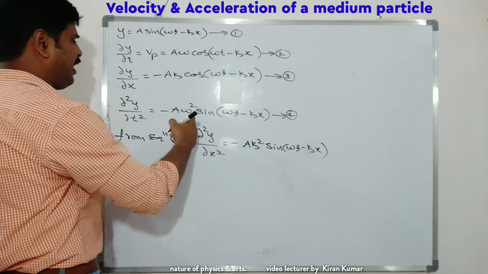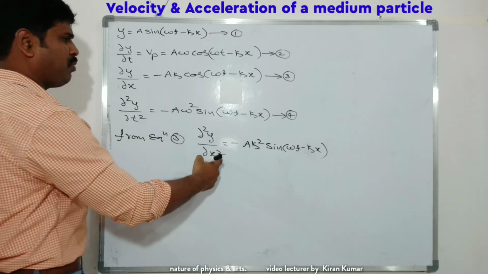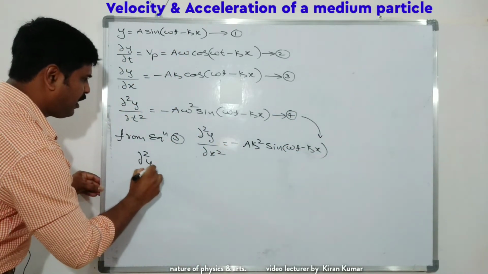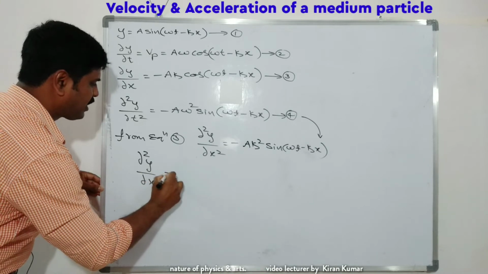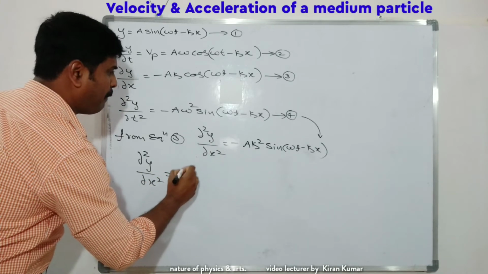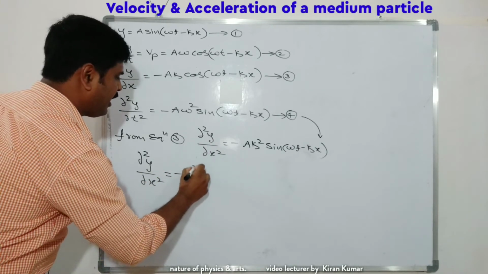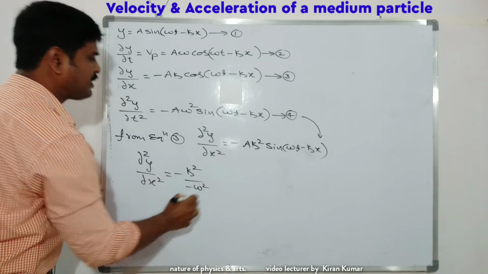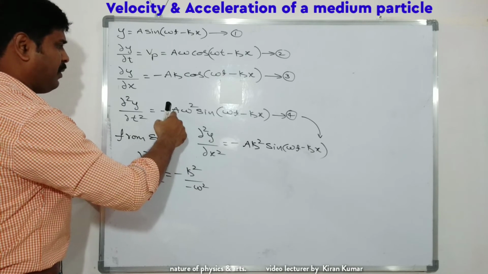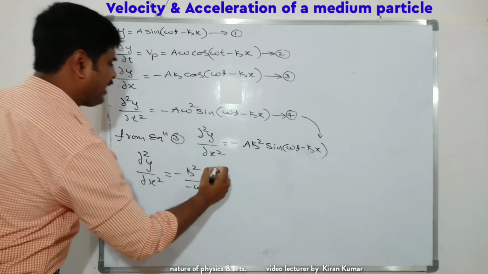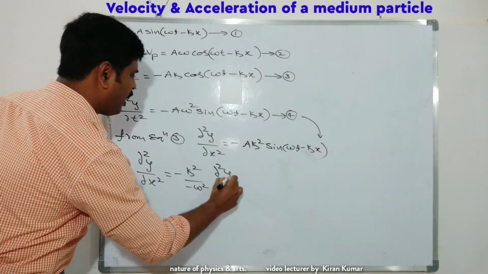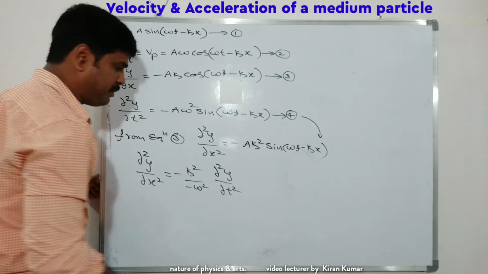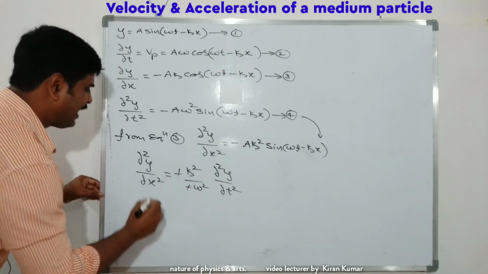See, this equation is replaced in this equation, then ∂²y/∂x² is equal to minus k² divided by minus ω², this value written as ∂²y/∂t². Please try to understand the steps. Minus minus gets cancelled.